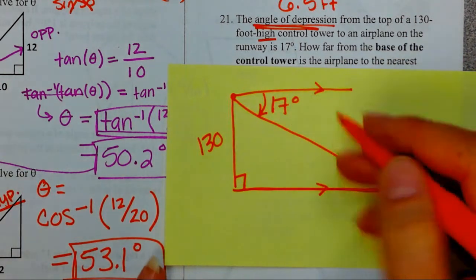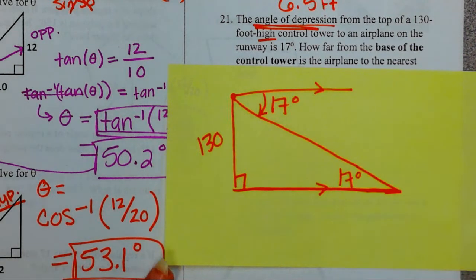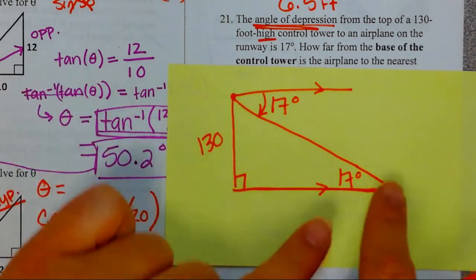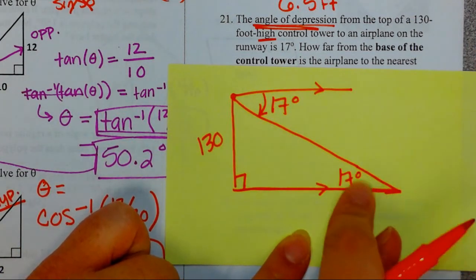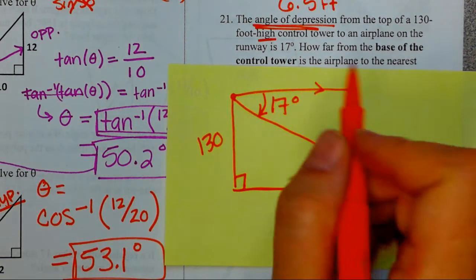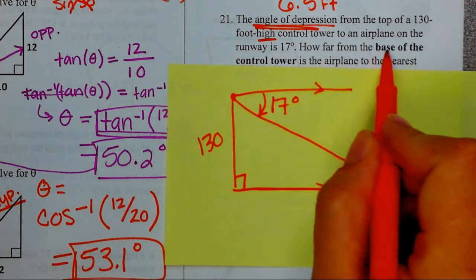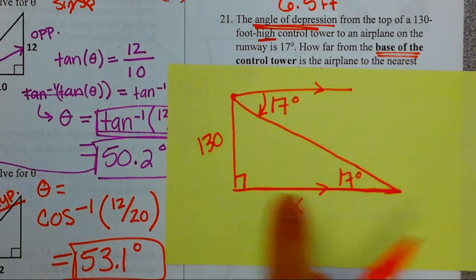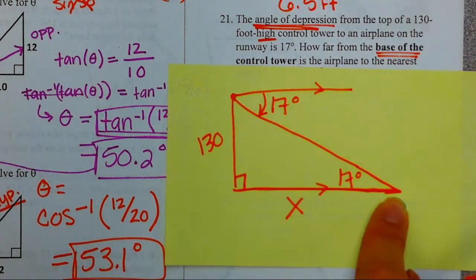That makes these alternate interior, so these are congruent. So whether they give you depression or elevation, it's gonna be this angle in the corner of that triangle. Okay? All right. It asks, how far from the base of the control tower is the airplane? So it's asking about the length of the base. That's this down here. Okay.